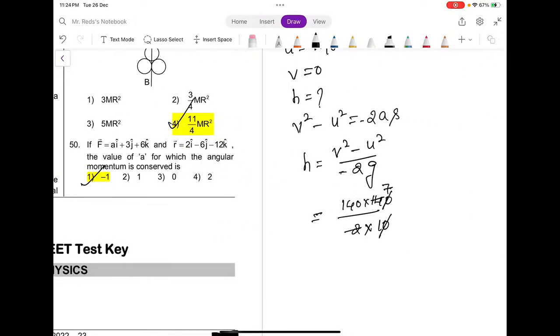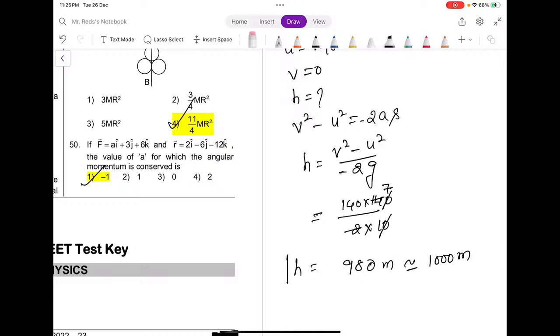The calculations part, if you take h is equal to 7 to 980, you will get 980 meters. So approximately they have taken as 1000 meters.